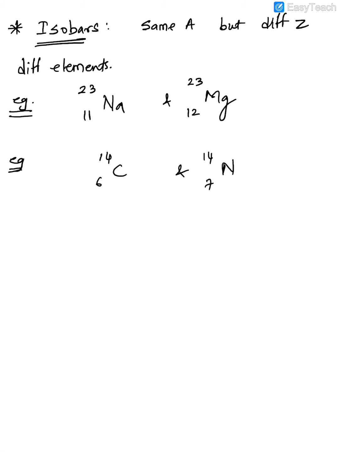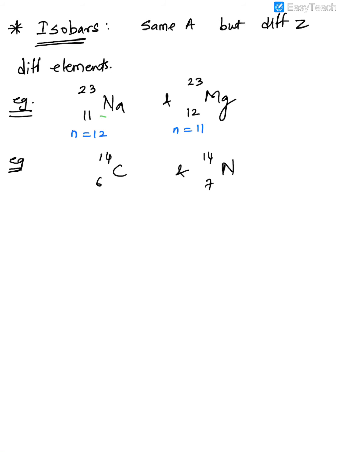Another thing here: in the case of sodium and magnesium, what are the number of neutrons here? 12. What are the number of neutrons here? They are 11, right? I hope you remember how to find the number of neutrons. Have you noticed some pattern here?